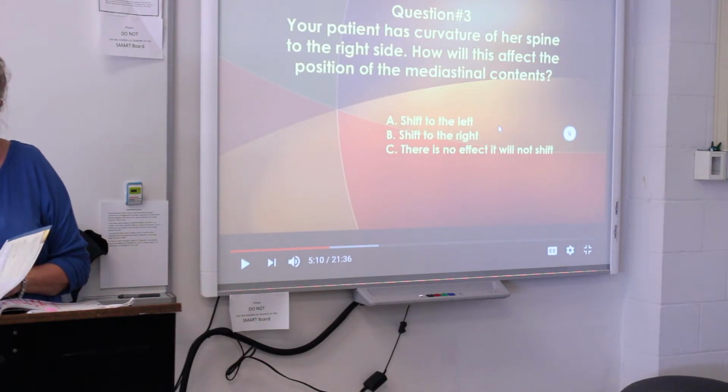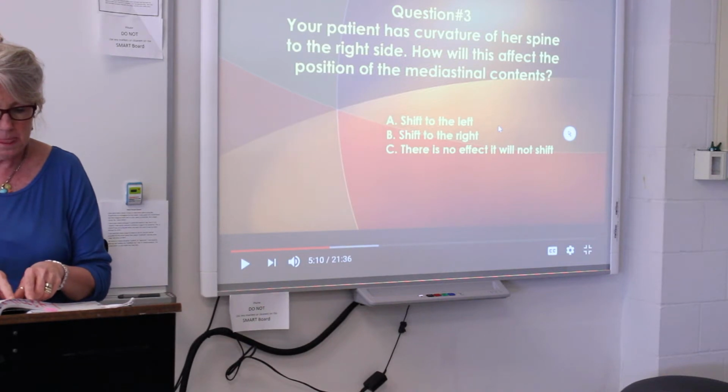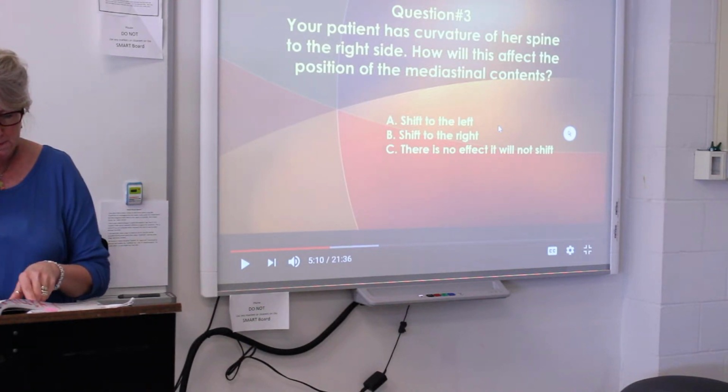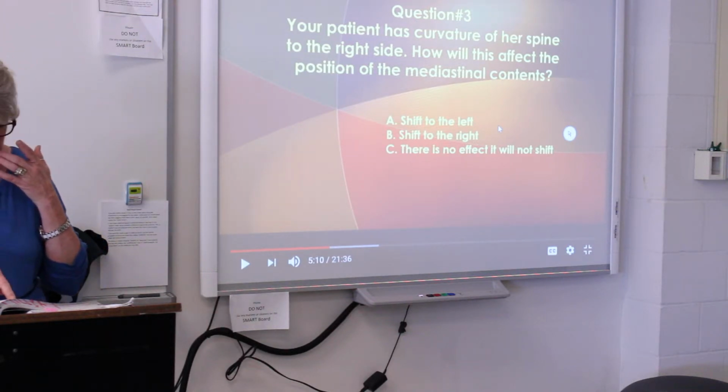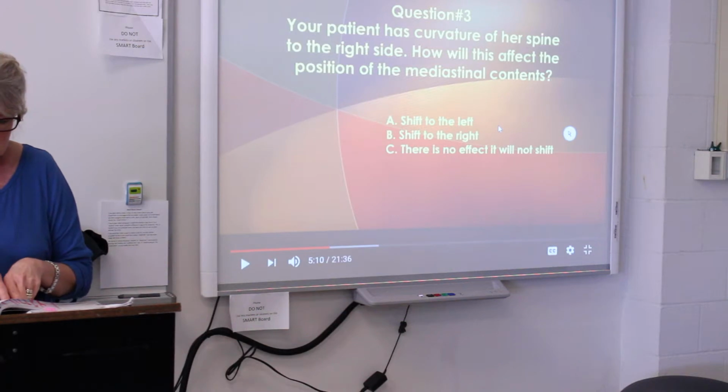And if we look at 25-3, this is a 14-year-old, and the curvature is to the right. Actually, it's the shift to the same side. To the same side. I apologize. Well, let me get this straight in my mind. I would think it would go right. This would go left, right?